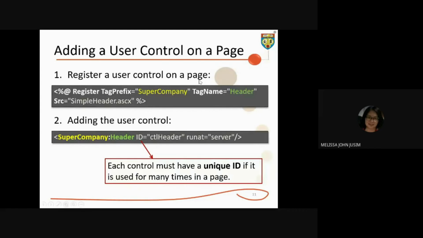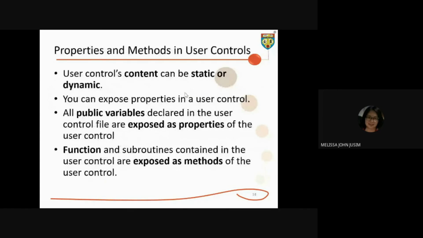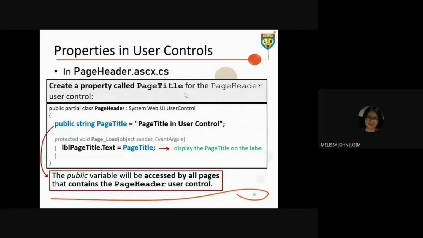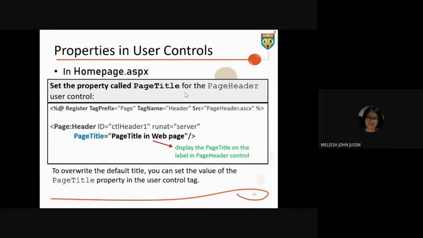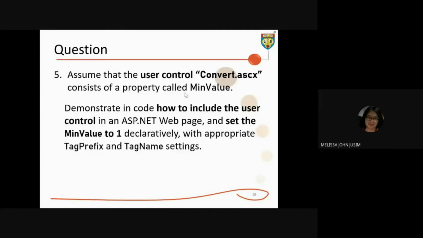You can use any appropriate tag prefix and tag name. Then you add the user control. And then referring to the example given here, you look at how you can change the value of the mean value property.